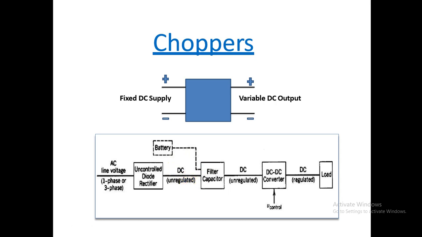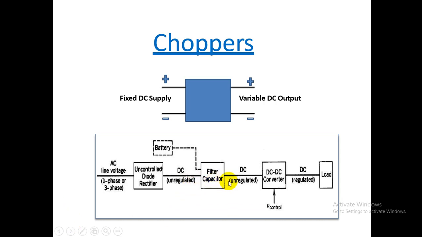As we know, the DC from a diode rectifier is not pure DC. Unwanted AC components may be present, which have to be removed from the DC output by keeping one filter capacitor.